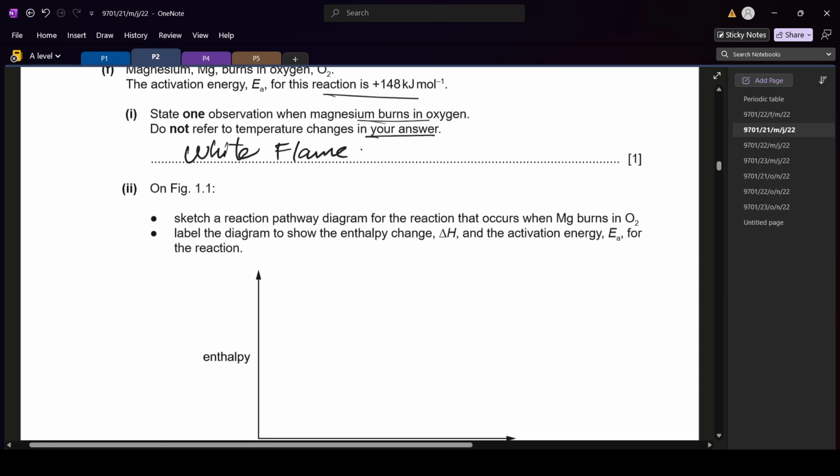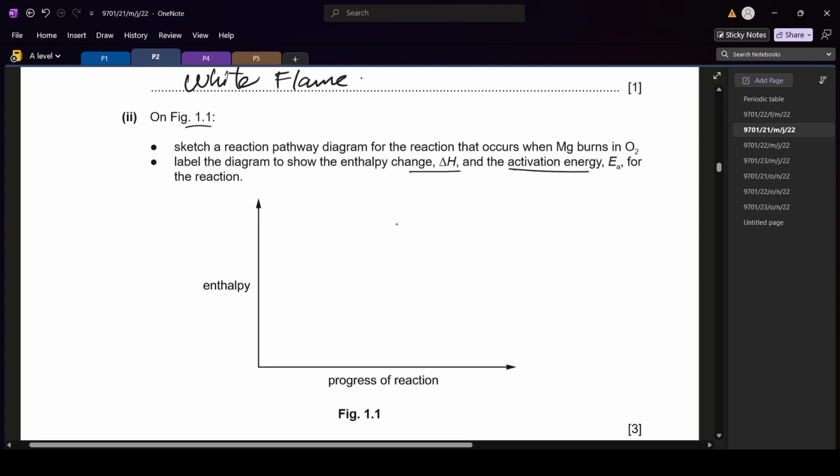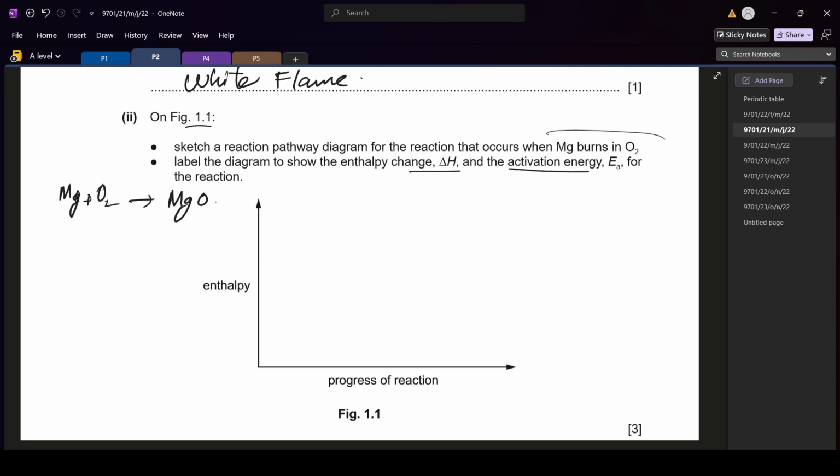On figure 1.1, sketch a reaction pathway diagram for the reaction that occurs when magnesium burns in oxygen. Label the diagram to show the enthalpy change and activation energy. So here you have to understand that when magnesium reacts with oxygen, this forms magnesium oxide, and this is a combustion reaction, and all combustion reactions are exothermic.